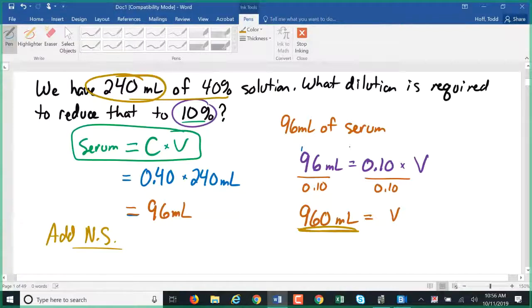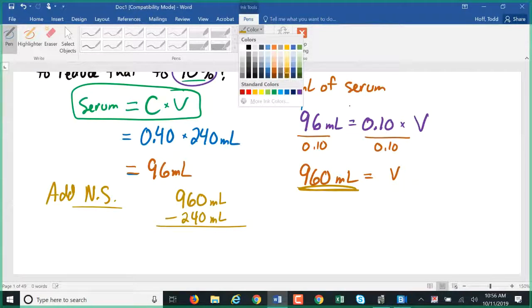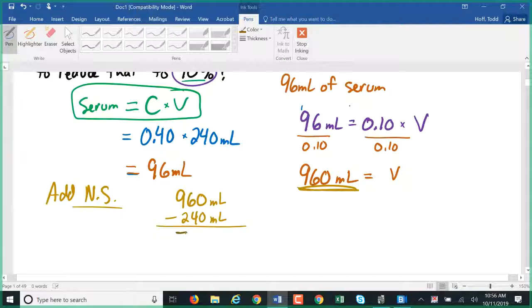How much do we have to add? The difference between 960 and 240. We're adding 720 milliliters of saline.